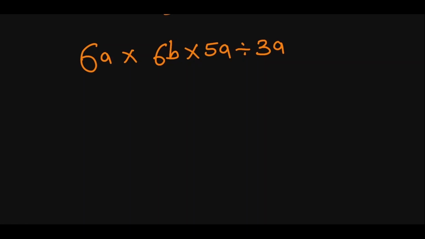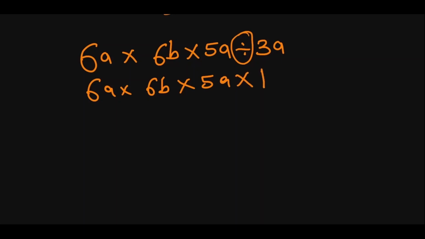So what do we do here? We convert this first to multiplication. So that gives us 6a times 6b times 5a times 1 over 3a, because if we change divided by 3a to multiplication, it becomes times 1 over 3a.